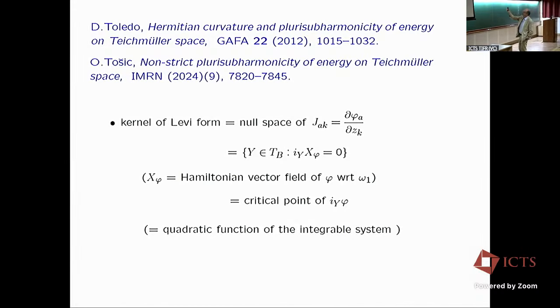So what does it mean? In this case, we see that the kernel of the Levi form is the null space of this derivative here. So that means it's the tangent vectors which are, so this might look funny, the inner product with respect to y of x phi, but x phi you have to think of as being a homomorphism from the tangent bundle of the base to the vertical tangent bundle. So we're taking the interior product in the base and getting a vertical tangent vector.